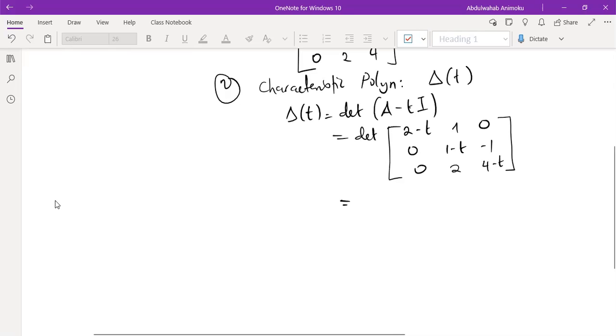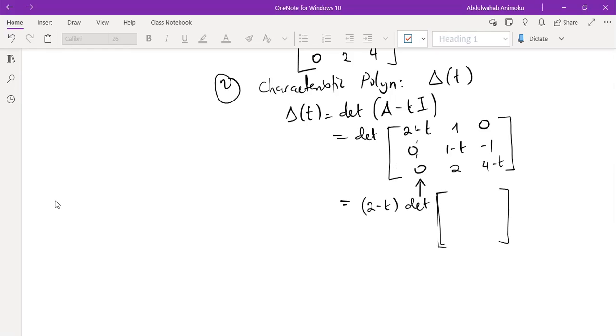Now, what happens here is how to find the determinant of a 3 by 3 matrix. As you can see, we use the easiest row or the easiest column. This column is the easiest one, so we use that, which means the first entry, 2 minus t, multiplied by the determinant of what is left when we close out the row and the column this entry belongs to.